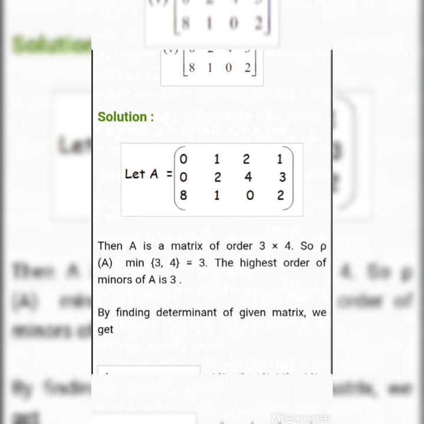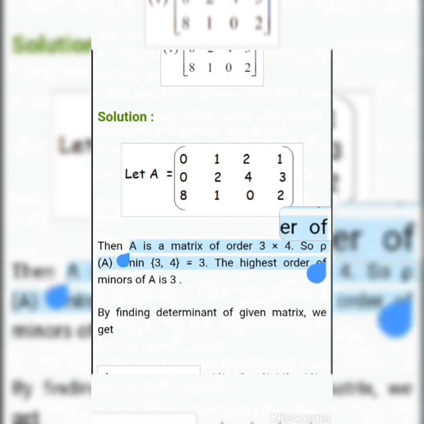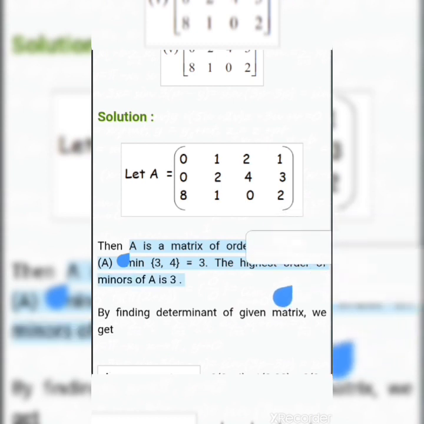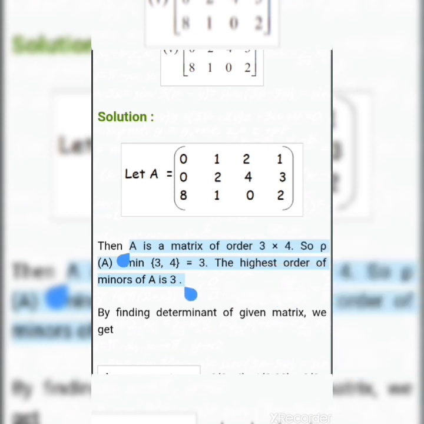Here A is a matrix of order 3 by 4. Then the rank of A is at most the minimum of 3, 4, which is 3. The highest order of a minor of A is 3.